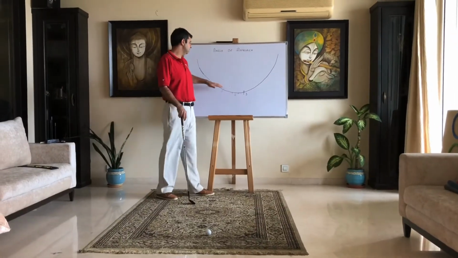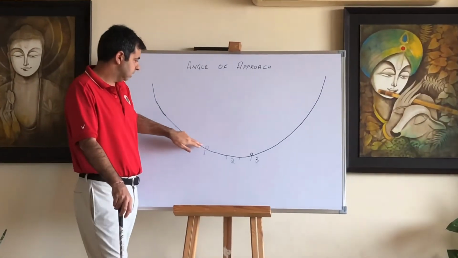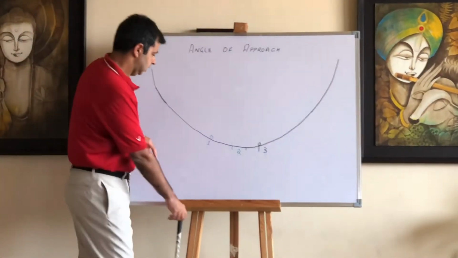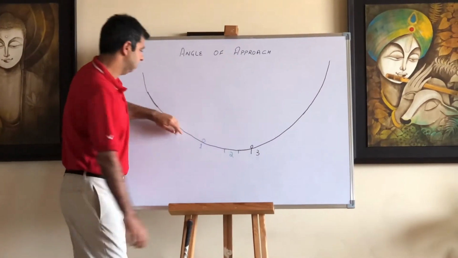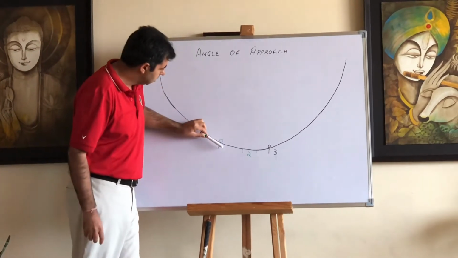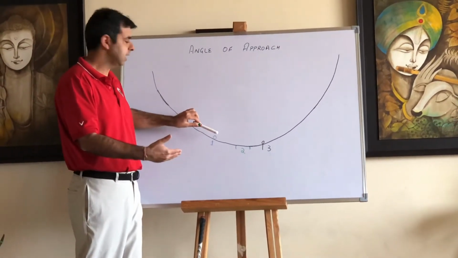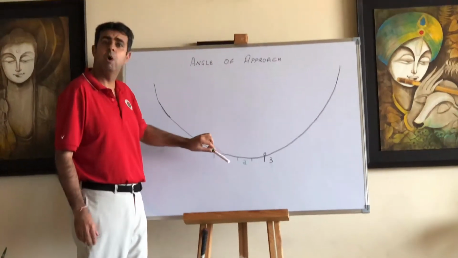Now I've got 3 points here. You can see point 1 is where the golf ball is being caught by the club on its way down. The club is still traveling on the way down right now, which means that this is a negative angle of attack or angle of approach, or a downward angle of attack.